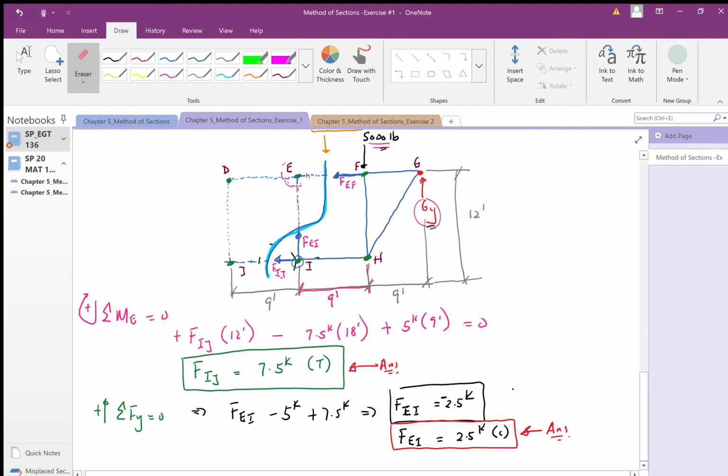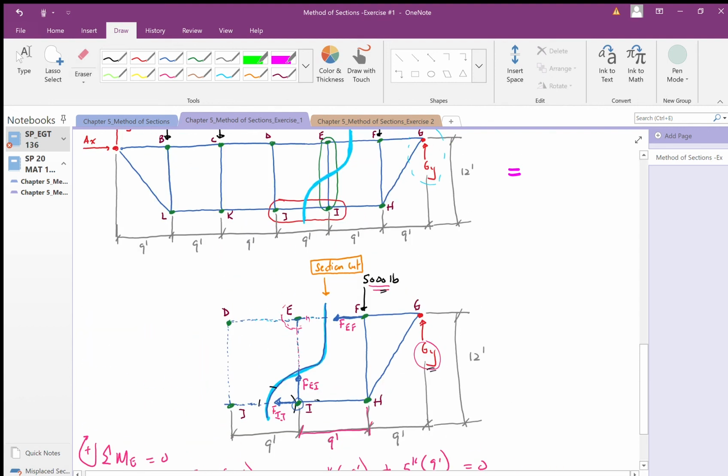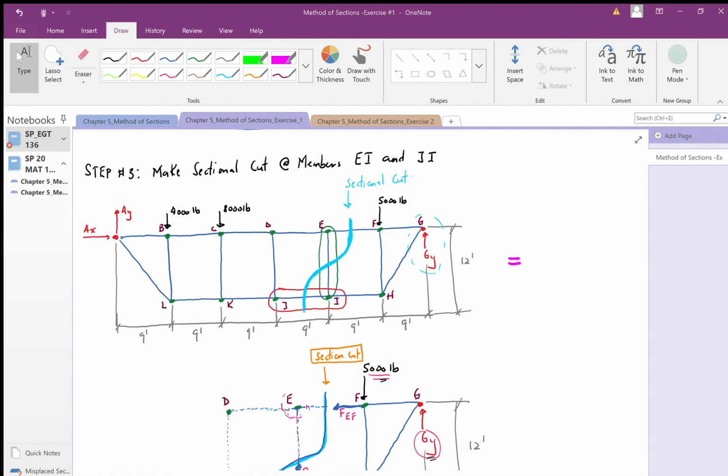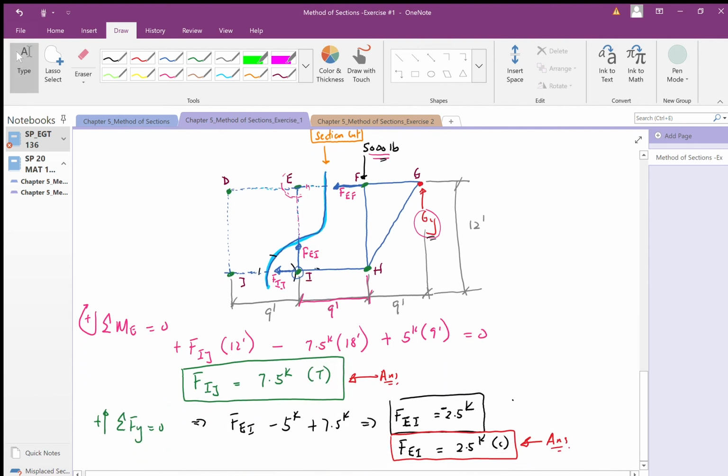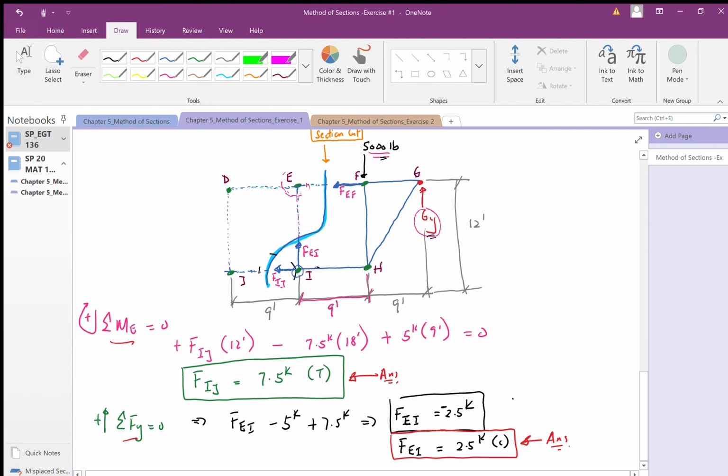I hope this helps. Again, you can still use method of joints to solve this problem, but it would take a long time trying to evaluate every single member on this structure. So when you do a sectional cut, you're just isolating the member that you're interested in. You evaluate them using your equilibrium equations, and then you'll get your answer.